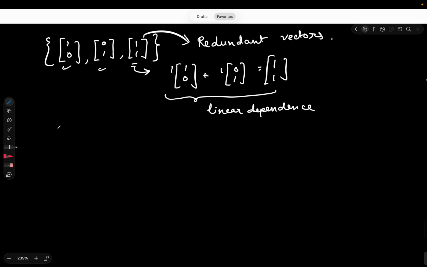So what should be the definition of linear independence?